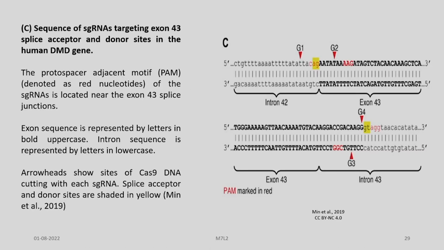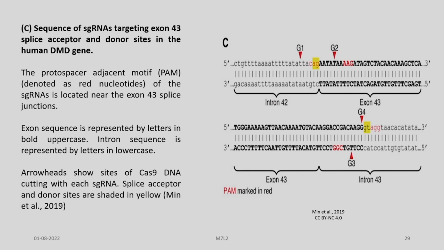In figure C, you can see the sequence of single guide RNAs targeting exon 43 splice acceptor and donor sites in the human DMD gene. The protospacer adjacent motif, PAM, denoted as the red nucleotides of the single guide RNA, is located near the exon 43 splice junctions.